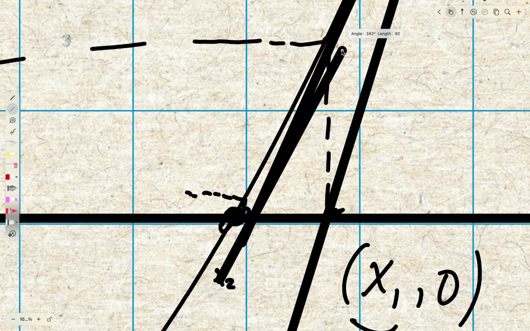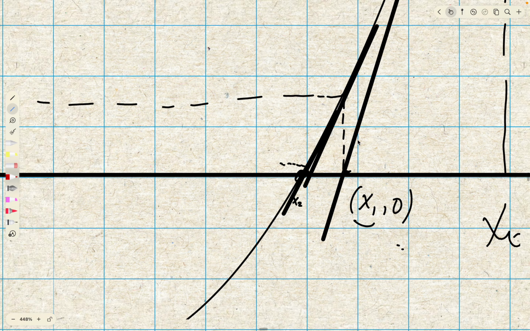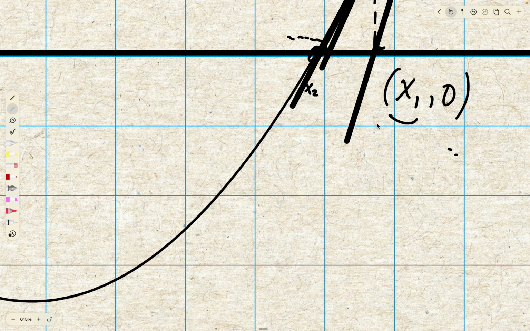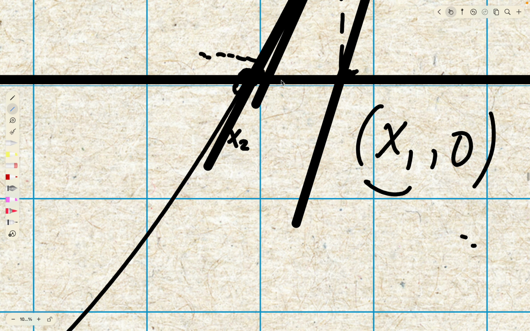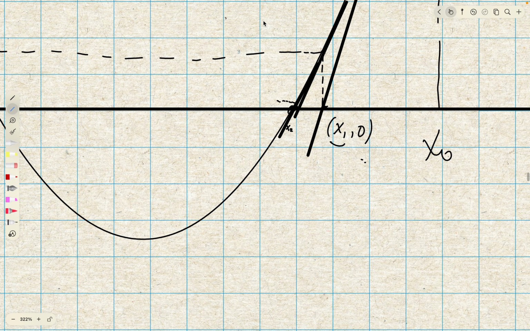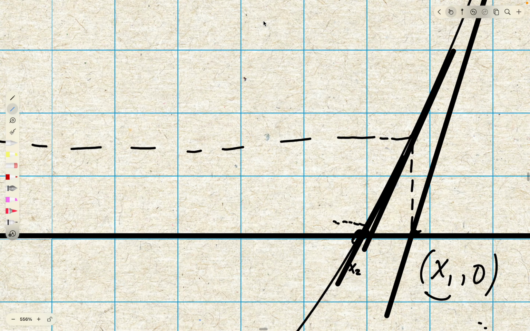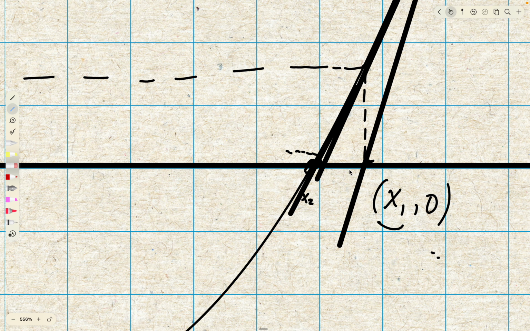As we keep doing it, the distance between x0, x1, x2 gets closer and closer, and we're also getting closer to the point where our function has a value of 0. It means that the y of that function is 0.